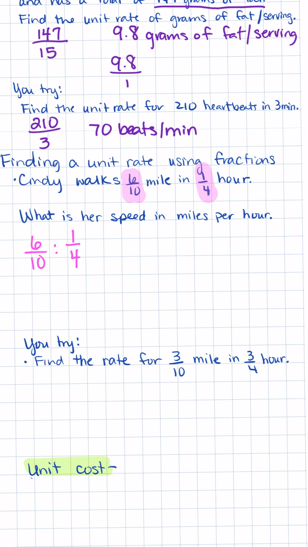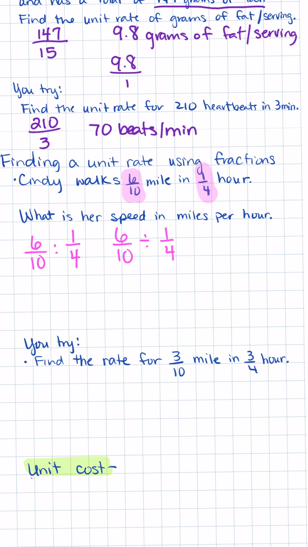If we divide those, 6/10 divided by 1/4, whenever you divide fractions, you are going to flip these two, so it would look like 6/10 times 4/1.